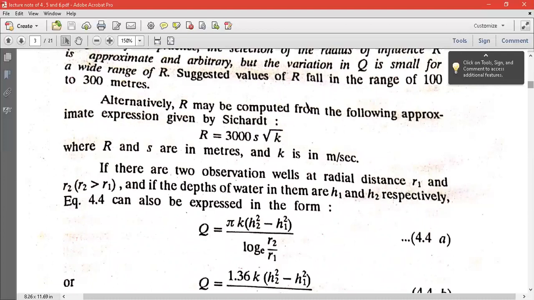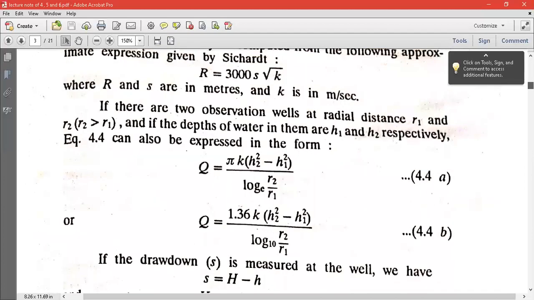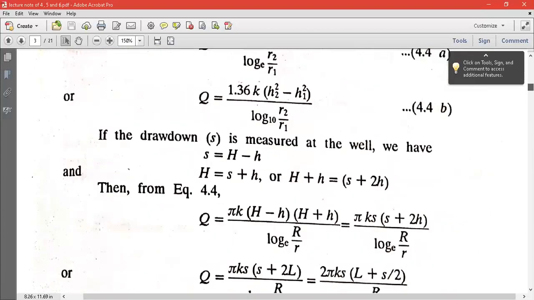We know that a square minus b square is equal to (a minus b) into (a plus b). So h2 square minus h1 square can be transformed into a simplified form. How? Because h2 square minus h1 square equals (h2 minus h1) into (h2 plus h1).